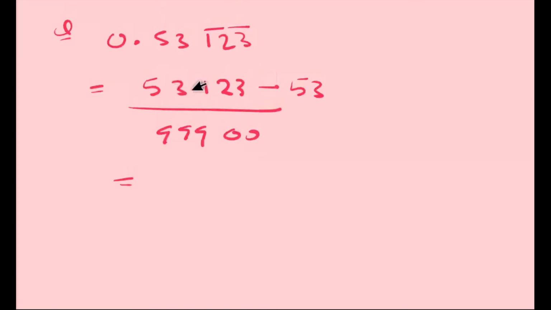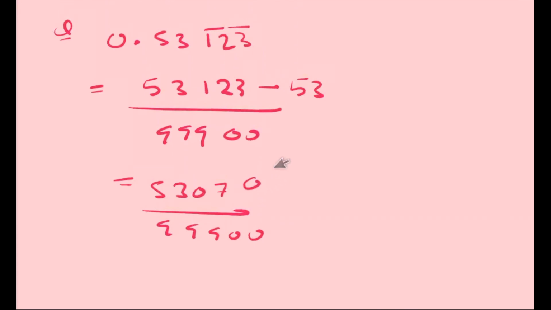So 5 3 1 2 3 minus 5 3: 3 minus 3 is 0, 12 minus 5 is 7, and so on, we get 5307 upon 99000. Okay, so you can check whether it is correct or not.